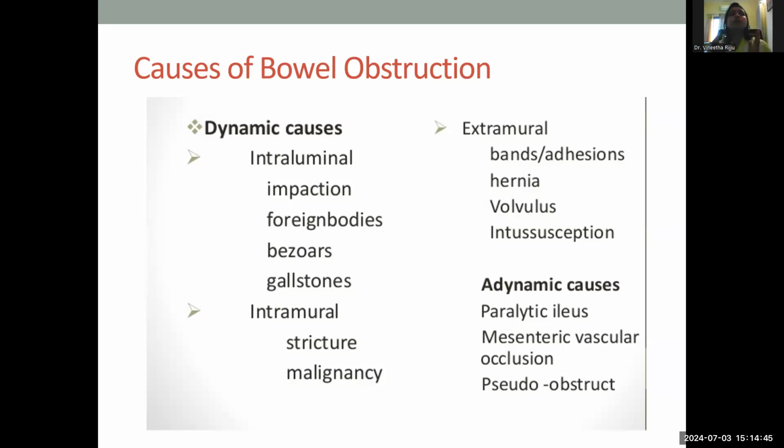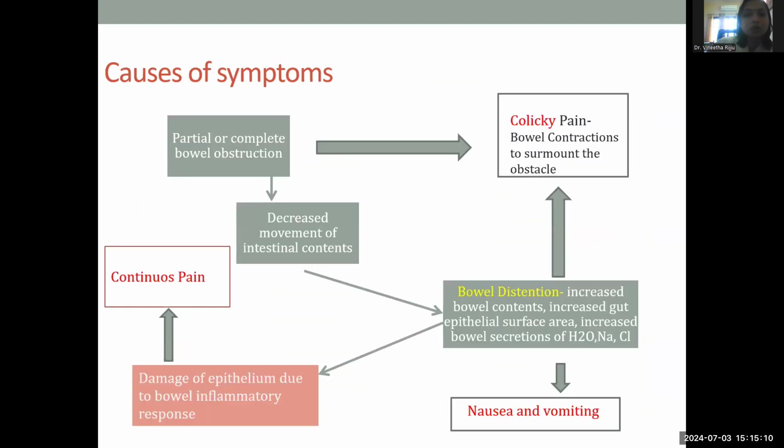So if your patient has undergone radiation, if your patient has gone through surgeries, there is high possibility for causes such as strictures and adhesions, right? And this could also be the reason for the bowel obstruction in your patient. So also adynamic causes like paralytic ileus, and mesenteric vascular occlusion.